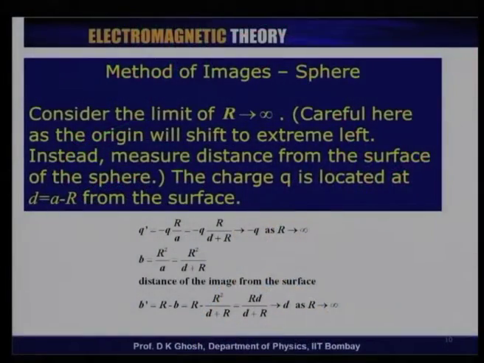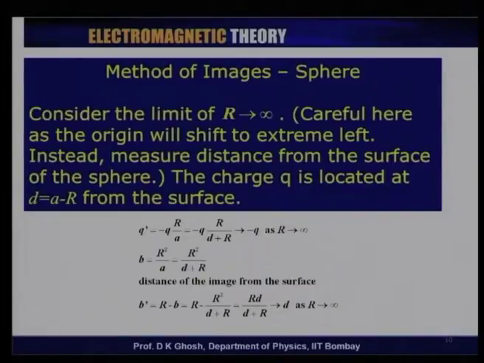So, what you would think is that all I need to do is to pick up the expressions and simply put r going to infinity, and I should recover the result that we had for the plane conductor, in front of which I have put a charge, that is an image charge having a magnitude equal to that of the object charge and located at a distance equal to the object distance behind the conductor. You have to be slightly careful in doing this.